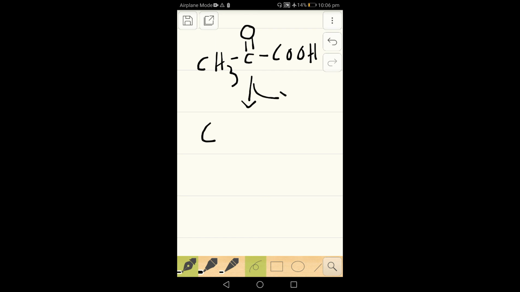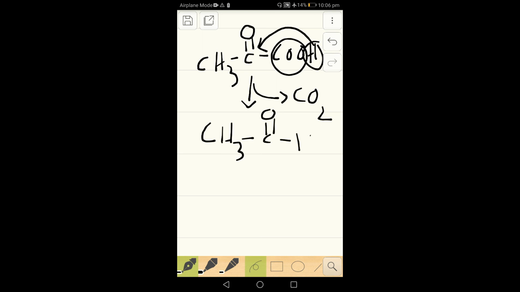The carbon dioxide, the COO group, is released as carbon dioxide, and the H becomes attached to this carbon, which forms CH3CHO, ethanal, the aldehyde group.